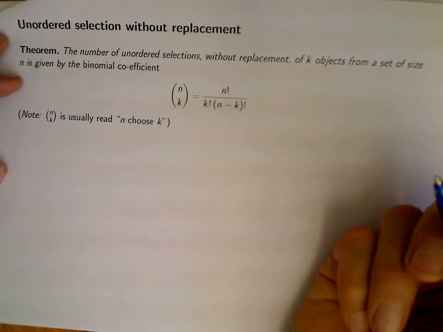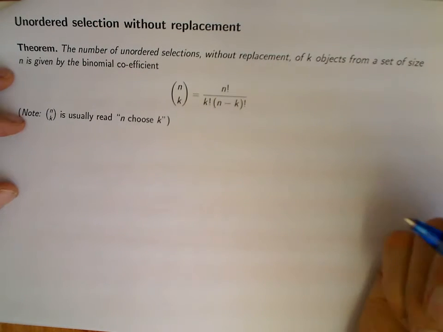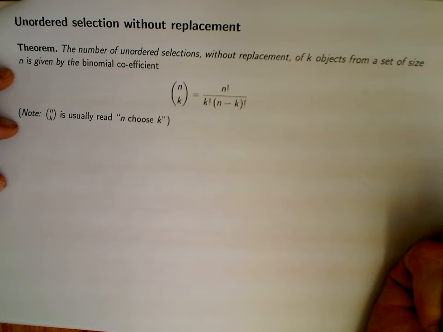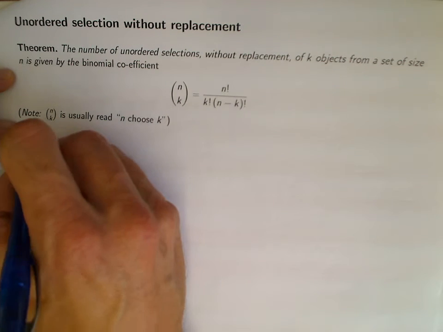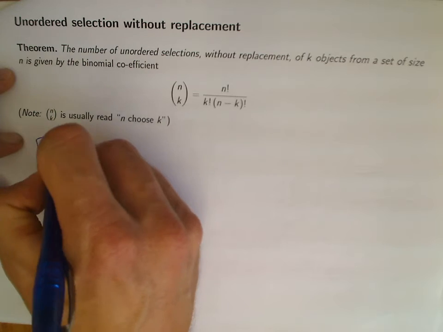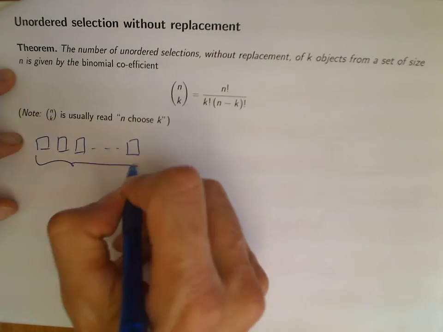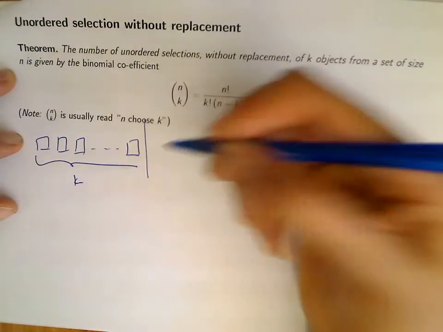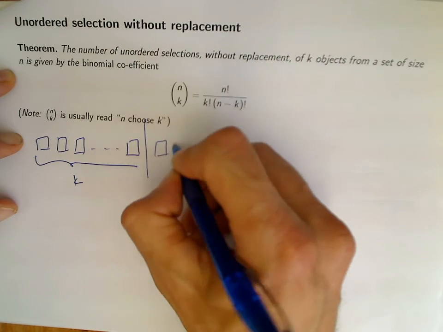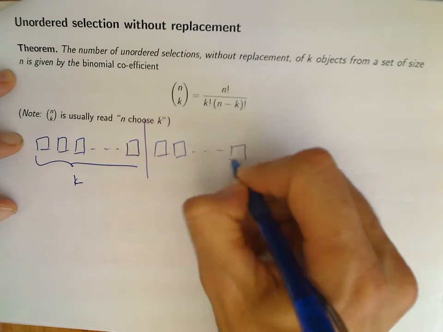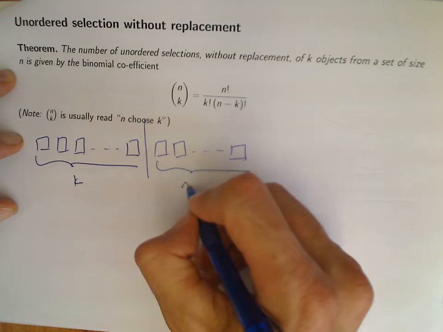So in order to do this, we're going to give ourselves a process for choosing those k objects. So I'm going to write down some boxes like I always do, and I'm going to have k here. Then I'm going to draw a line, and draw another n minus k boxes.